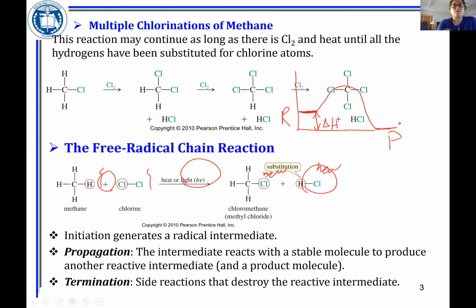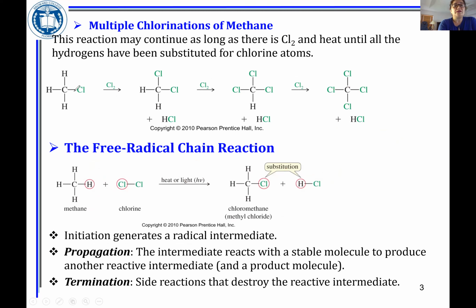So we talked about monochlorination, which was just 1 chlorine replacing a hydrogen. If you limit the amount of chlorine and put lots of methane, the reaction would stop here. If you don't stop it, this reaction is going to continue.